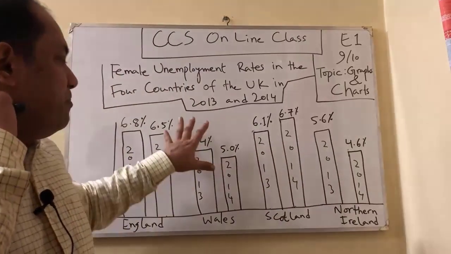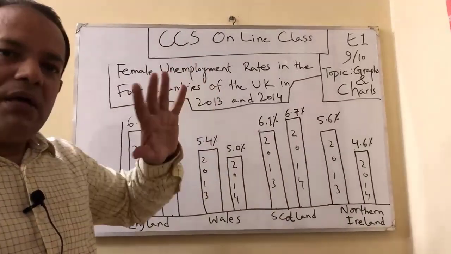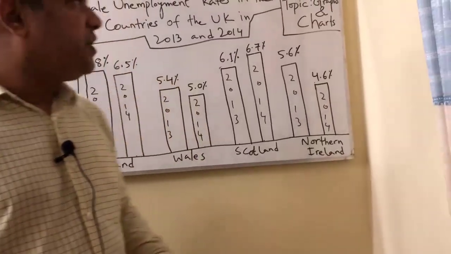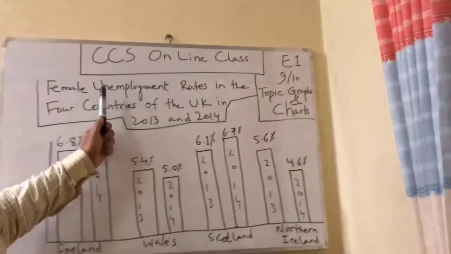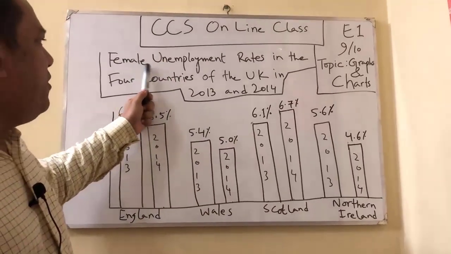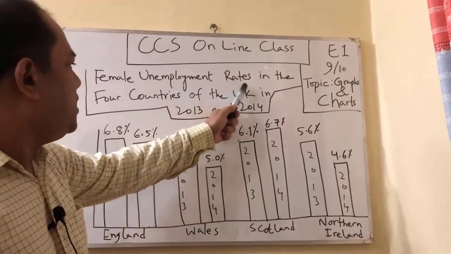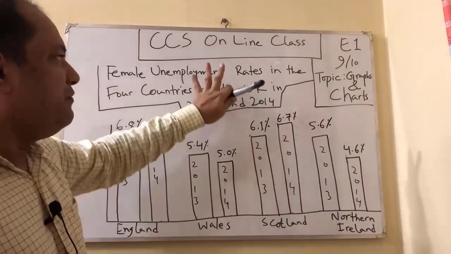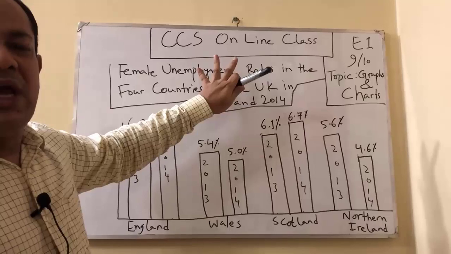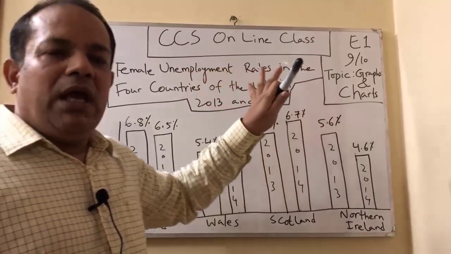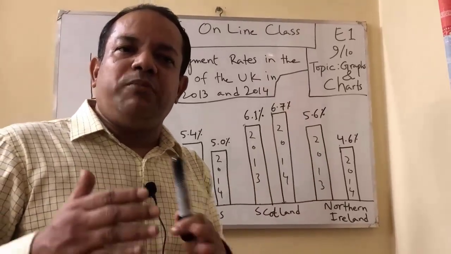In this bar chart, if we start writing, at first we will have to write the title. For example, the title should be Female Unemployment Rates in the 4 Countries of the UK in 2013 and 2014. I have written the title. So this is also a question. But your title should be short.